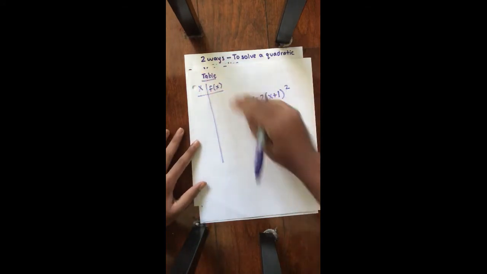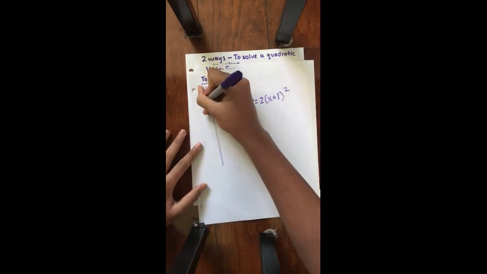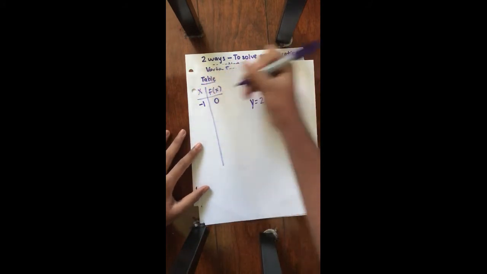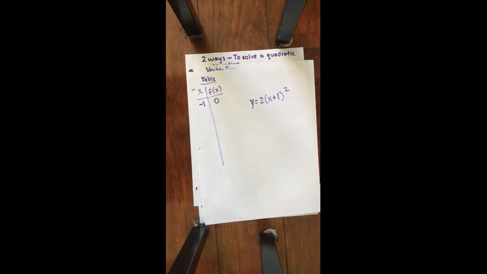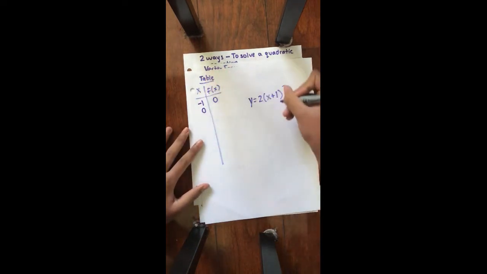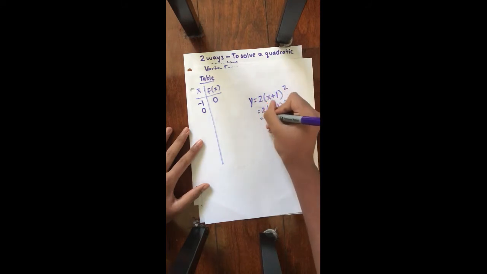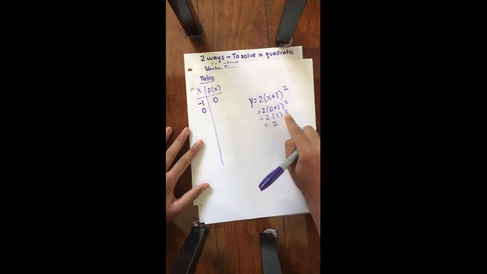So if we take -1, we get 0. We already know that since that's our vertex. Now let's do the same for 0. So 2 times 0 plus 1 squared, 2 times 1 squared, since 1 squared is 1, 1 times 2 is 2.